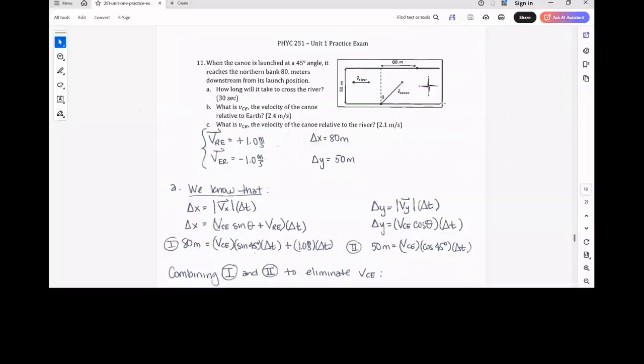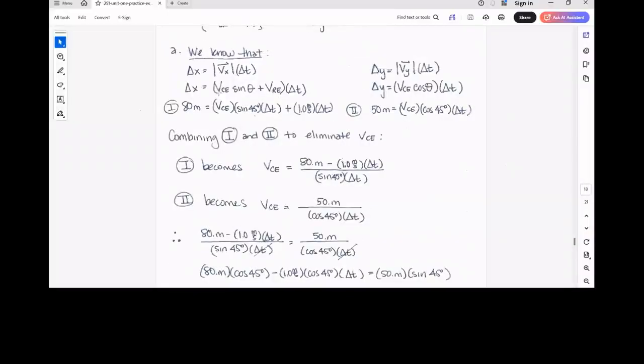So I need to add those together. So VCE sine theta plus the river's velocity times delta t, that's got to equal 80 meters. And I've got two unknowns here. VCE is ultimately what I'm trying to find. Delta t is an unknown.